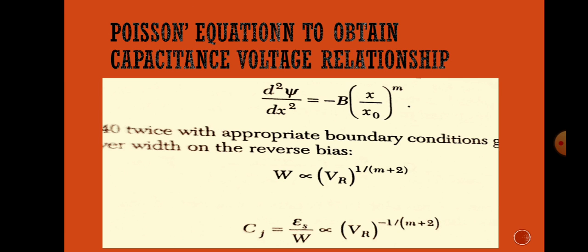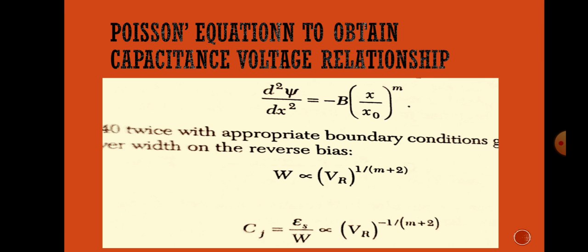Therefore, Cj is given by epsilon s by W, which is proportional to Vr to the power of minus 1 divided by (m plus 2). So we get n is equal to 1 by (m plus 2) if we compare these two equations. For hyper-abrupt junctions with n very much greater than half, m must be a negative number.